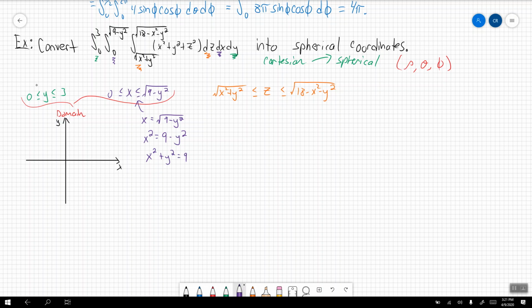But according to this restriction, the green restriction, my y values only go between 0 and 3, so it's only going to be the circle that goes between the x values of 0 and this piece.